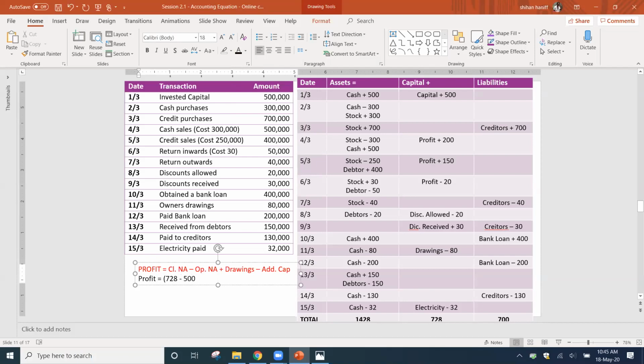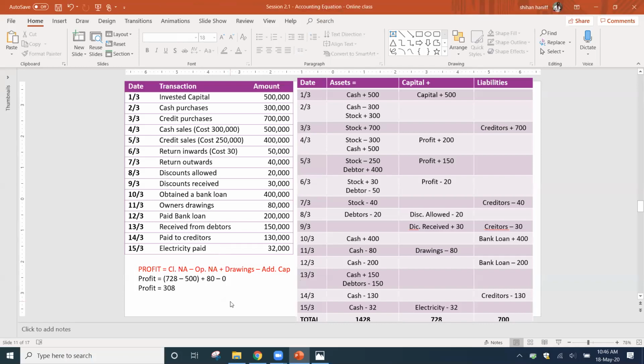Opening net asset is 500 plus drawings 80. Whatever we deducted will be added. There is no additional capital. Additional capital is 0. Okay. Our answer, profit equals 300. Yeah, very good.